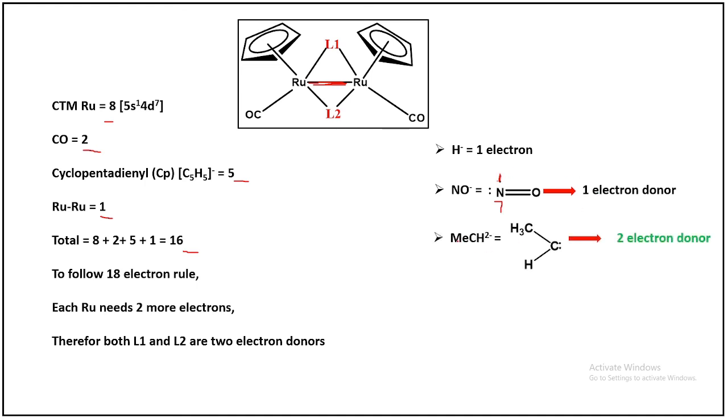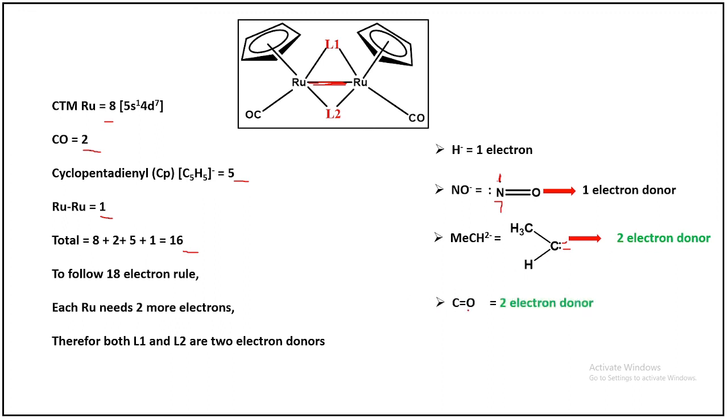The next one is MeCH2 minus. Here also carbon has totally 1, 2, 3, 4, 5, 6 valence electrons. It will try to complete its octet, thus sharing 2 of its electrons, that means gaining 2 electrons from metal and sharing 2 electrons to the metal, thus becoming MeCH2 minus, and this is a 2 electron donor.